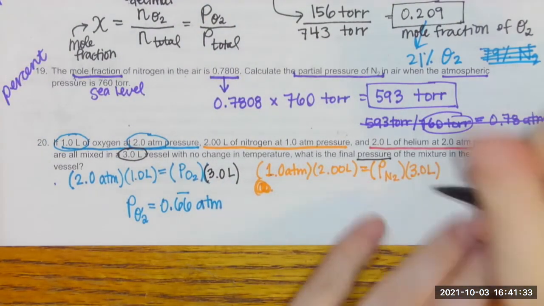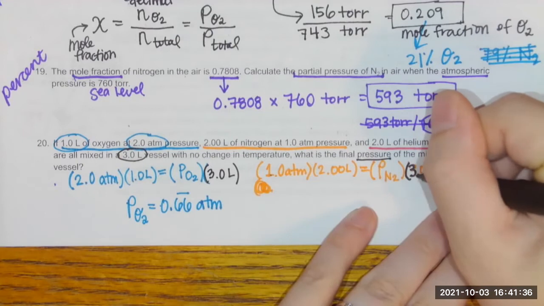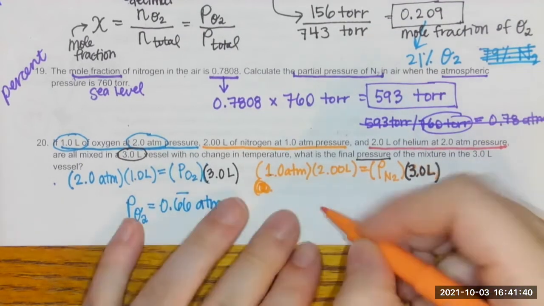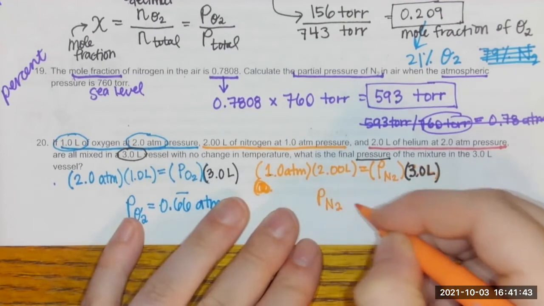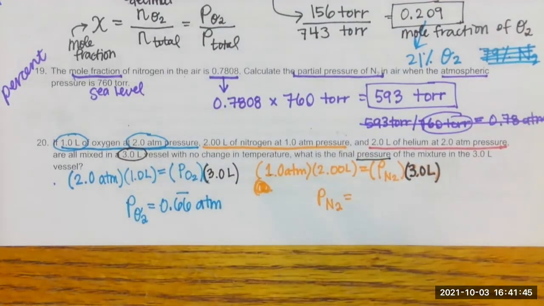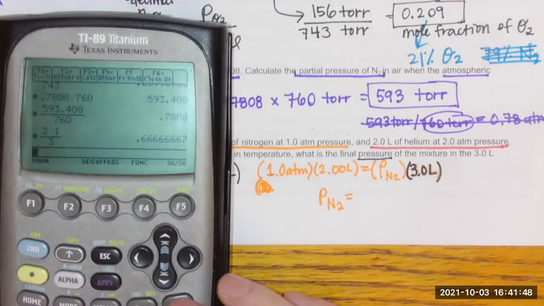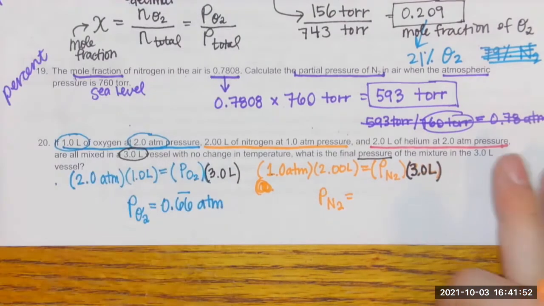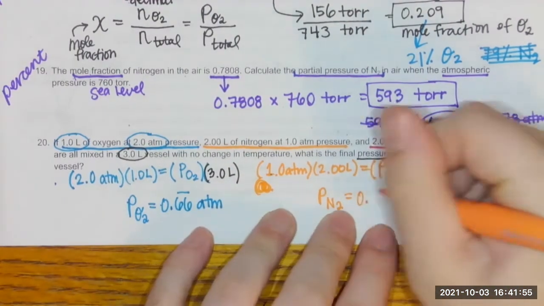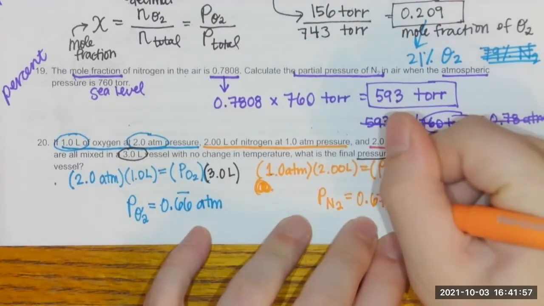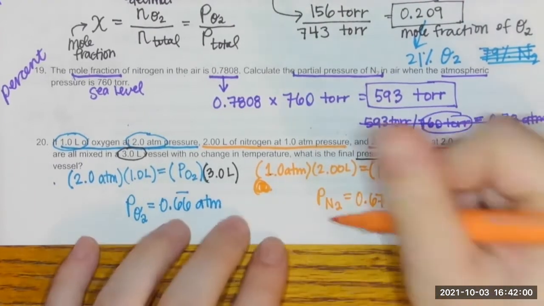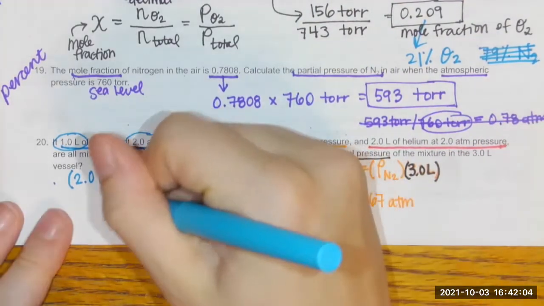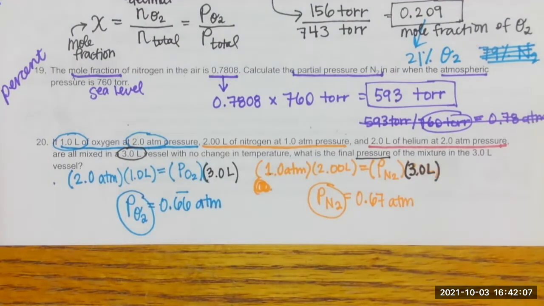But I'm going to put 3 liters in black because it's the combined container. 1 times 2 divided by 3. Same exact thing. The pressure of this one is 0.67 atmospheres. This is how much the N2 is contributing. This is how much the O2 is contributing to the pressure.